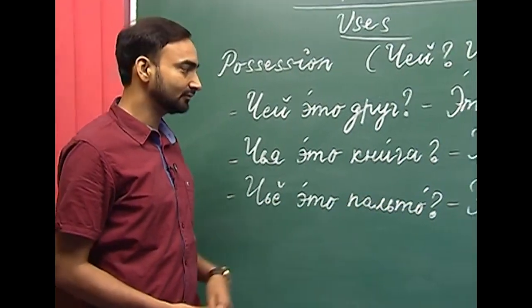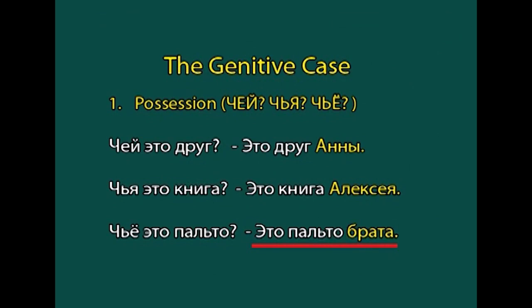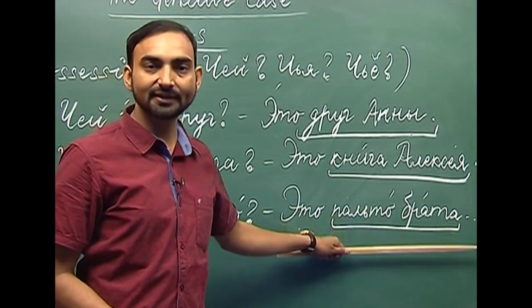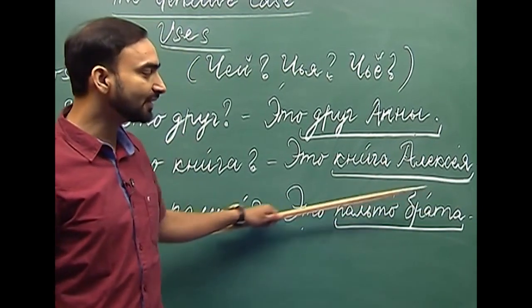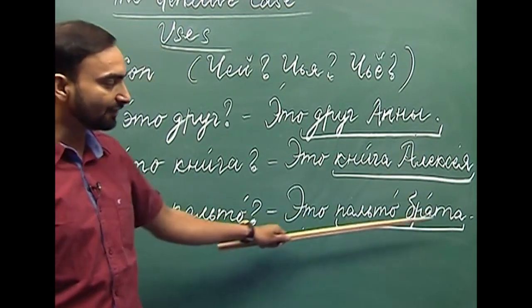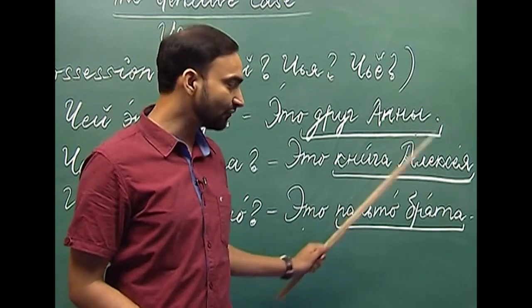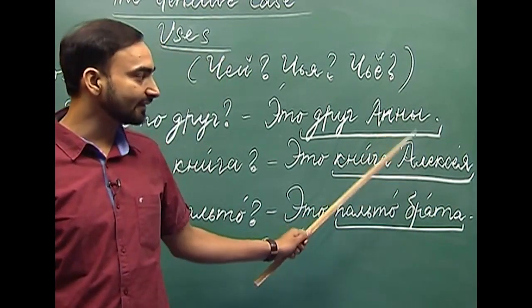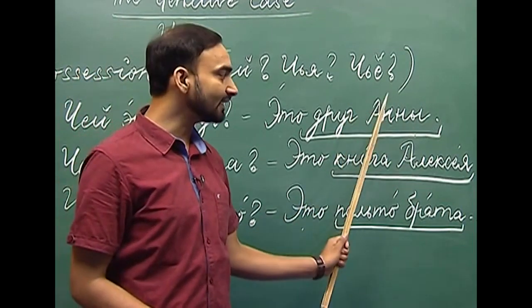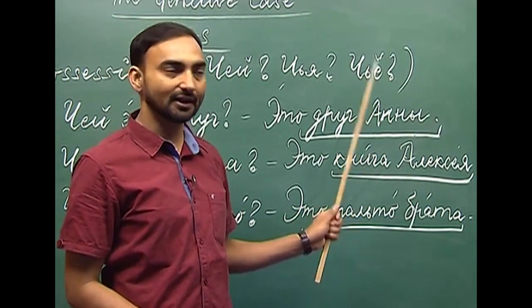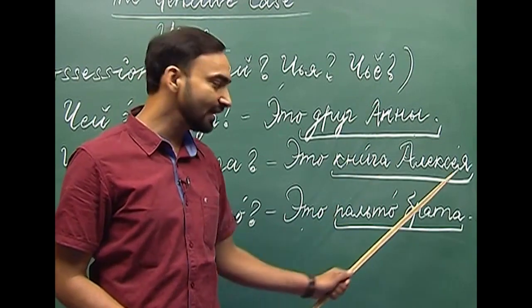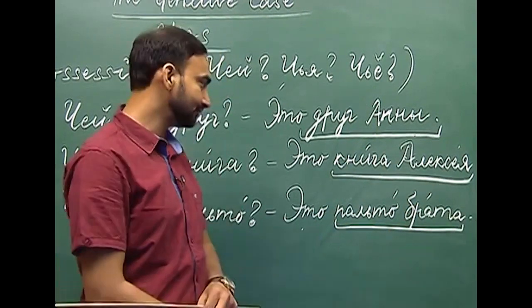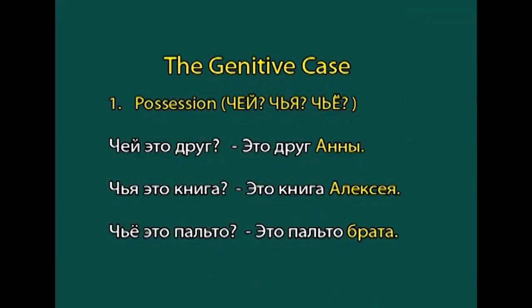Пальто is coat. Это пальто брата. This is brother's coat. So, here again we have used the genitive case form of the noun брат. So, брата, Алексея, and Анны, these are genitive case forms of the nouns брат, Алексей, and Анна. So, the first use of genitive case is to denote possession.